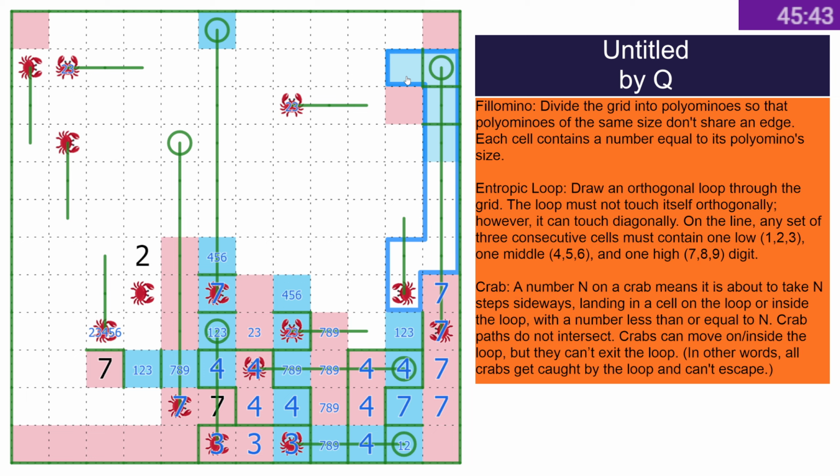Could... No. Oh no, that can work with a 1 here. It's weird, isn't it?